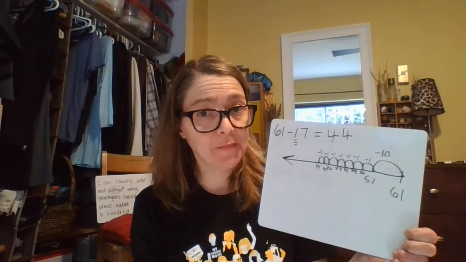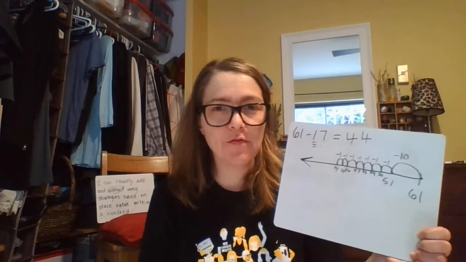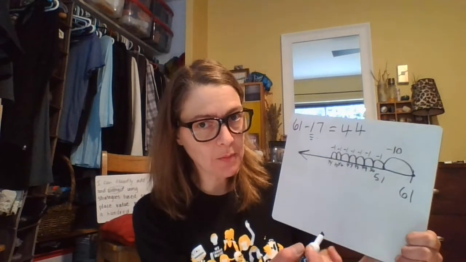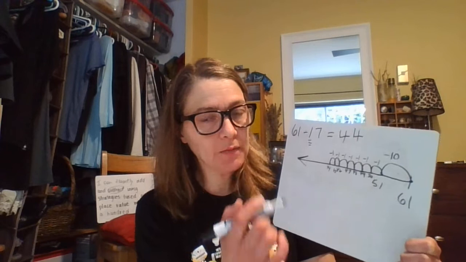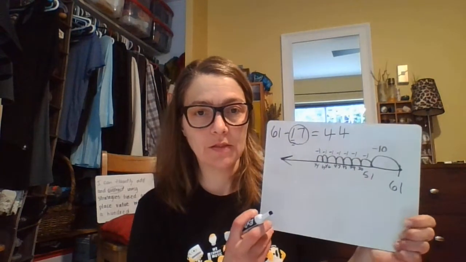You can count up. And it just depends on the kind of person you are, whether subtraction works better for you or whether addition works better for you. It's still a subtraction problem, but you count up from the second addend until you get to 61.